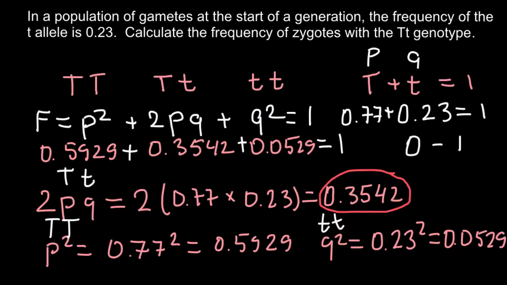If we need an answer in percentage form, which is between 0 and 100%, we just have to multiply any frequency by 100. So for example, the frequency in percentage form here would be 5.29%, here 35.42%, and here we would have 59.29%. And this is all for today.